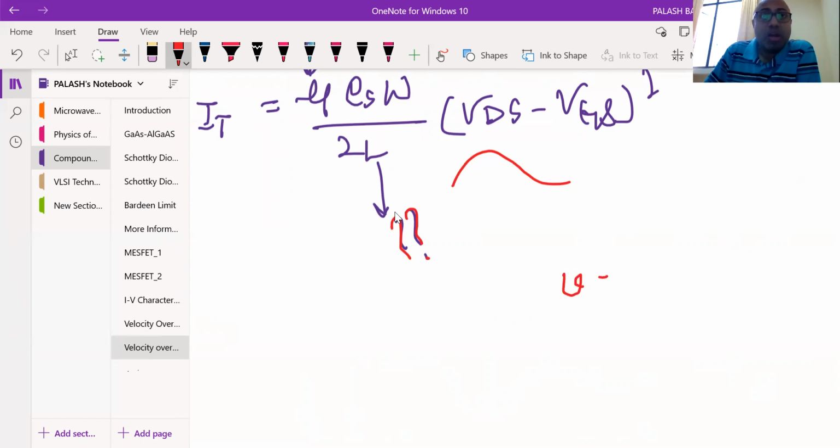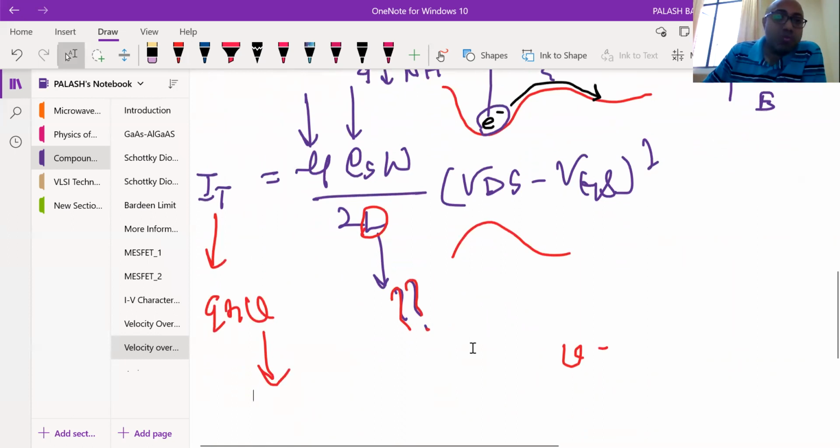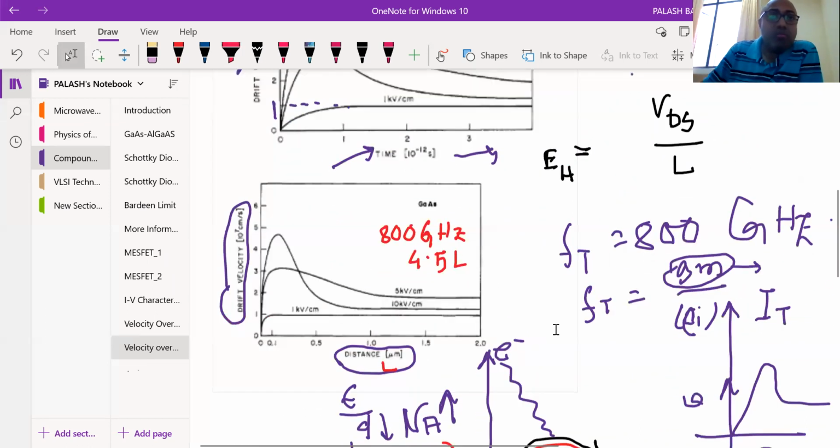IT is related to Q and V, so you know what velocity I need to get this current. So we have to find out a particular velocity out of that. Suppose 4.5 V you need. Now if you want to have 4.5 V, what would be my length?